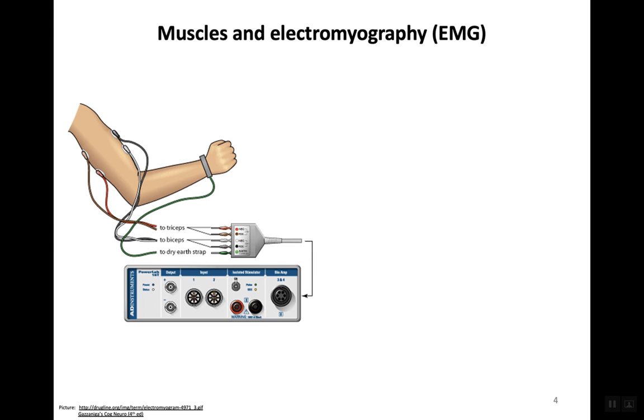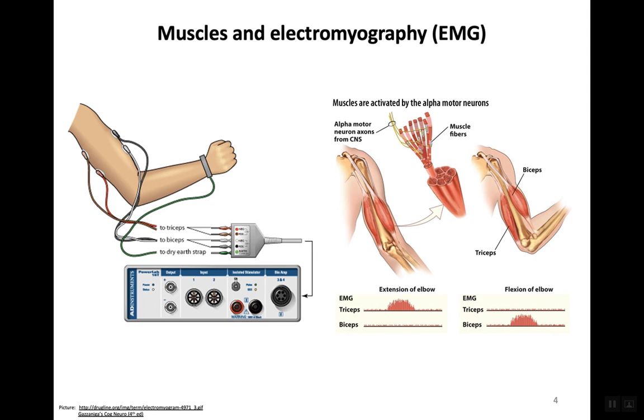And this can be achieved with surface electrodes placed on top of the skin over the muscle, or via needles inserted into the muscle fiber. And what EMG reveals is that movement is a highly coordinated activity, which involves muscle contraction at the same time with a relaxation of opposing muscles.